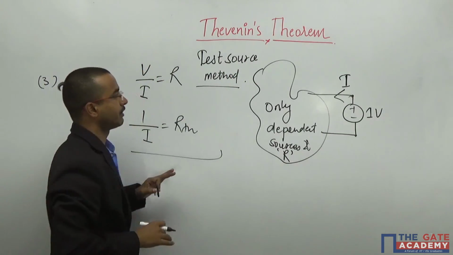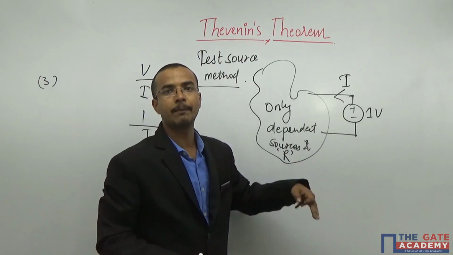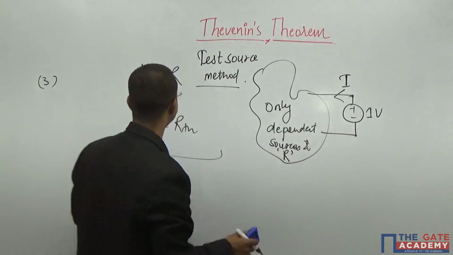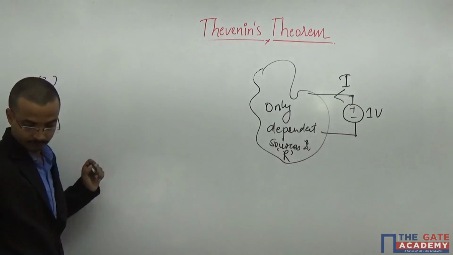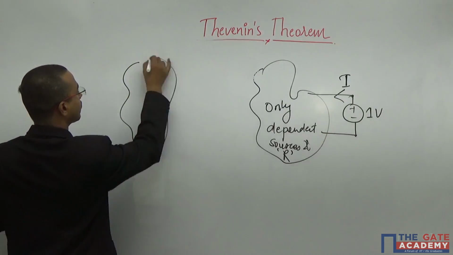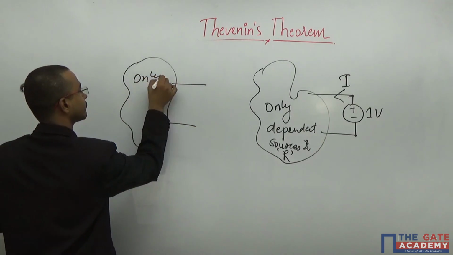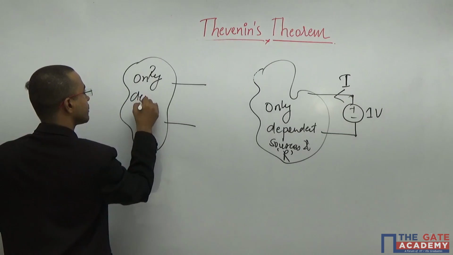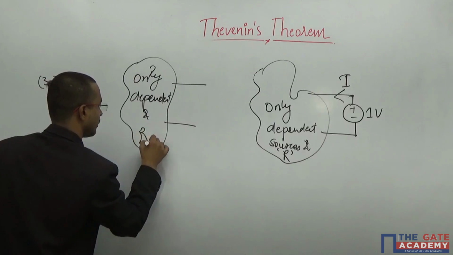You have another variety also. Instead of a battery, you have the freedom to apply a current source like this, with the network across it containing only dependent sources and resistors.